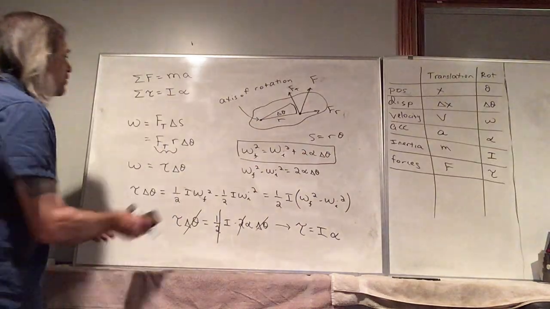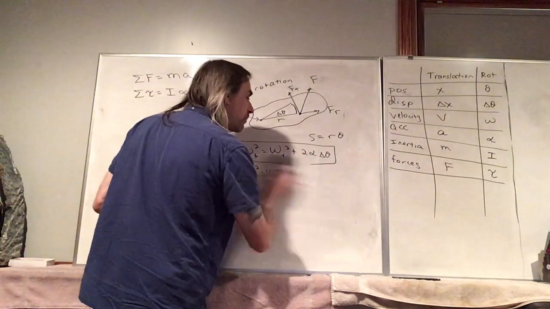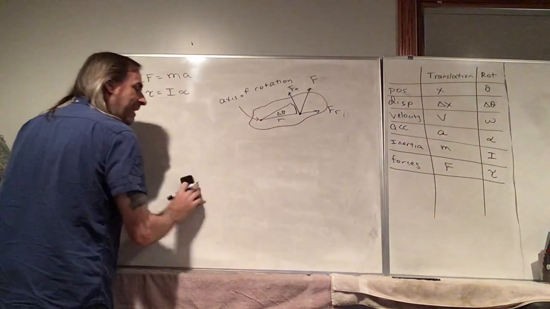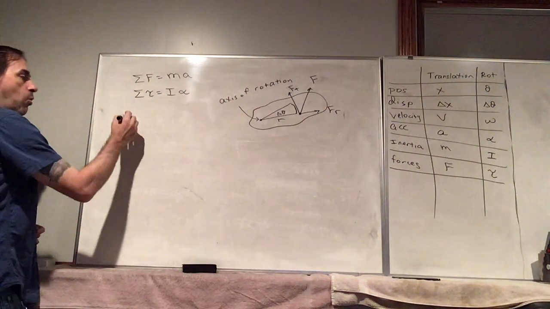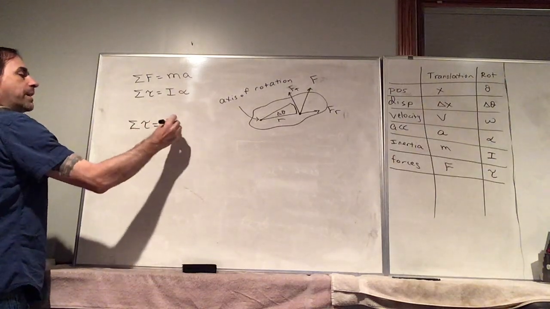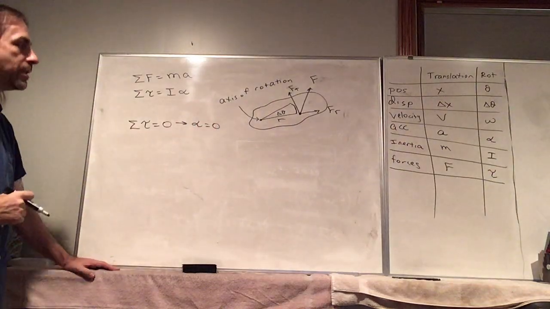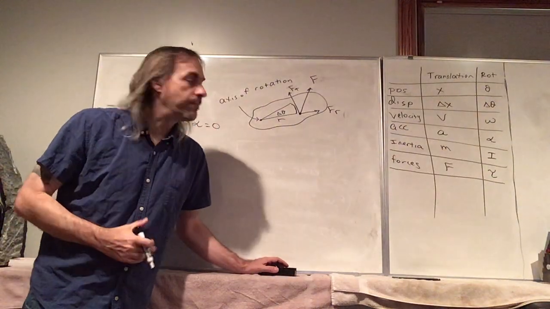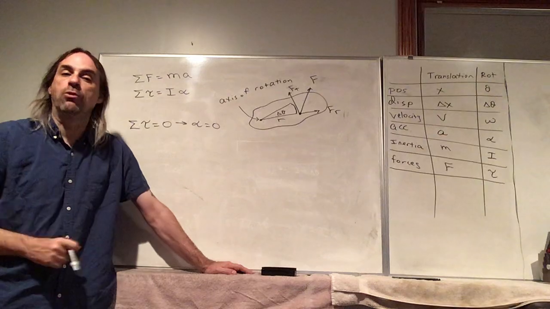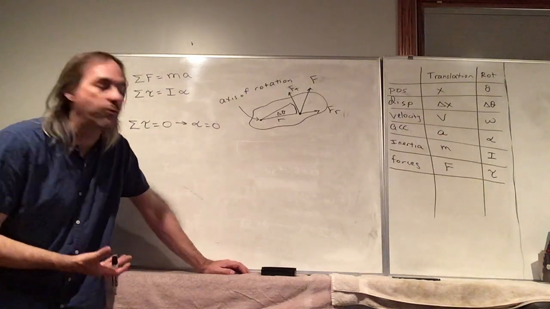So what we've talked about so far was statics. In static equilibrium, net torque is 0. If the net torque is 0, that means that the angular acceleration is equal to 0 and we have no change in rotation. It could be rotating with a constant angular velocity.